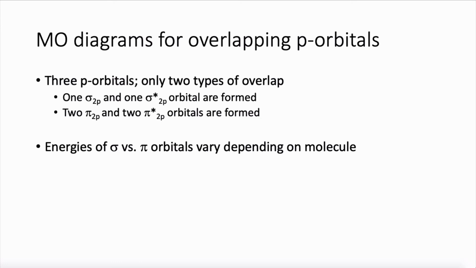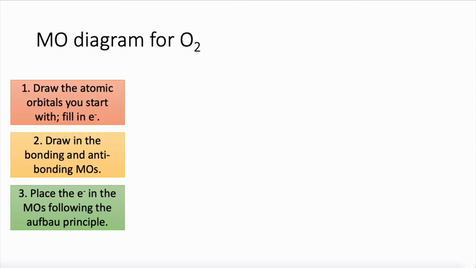But if you look at the scientific literature, you will see that some molecules have the pi orbitals lower and some molecules have the sigma orbitals lower. Since you can't calculate that, I'm not going to push too hard. You can draw them either way, as long as you put the anti-bonding orbitals higher in energy than the bonding orbitals. So of course, we have to do a couple of examples.